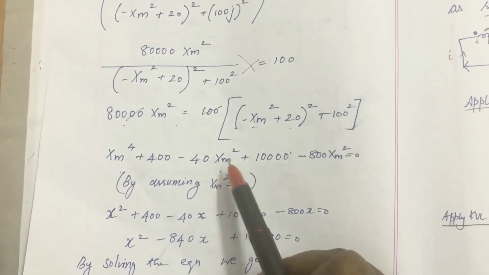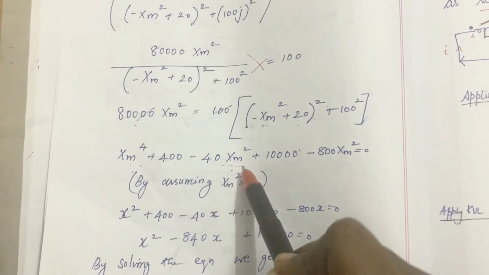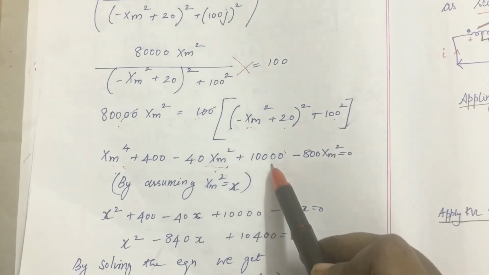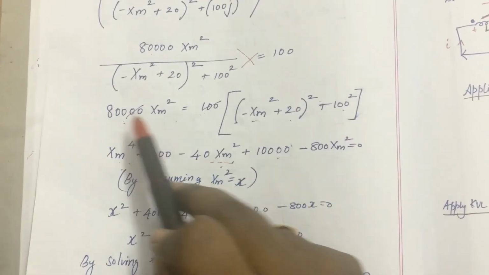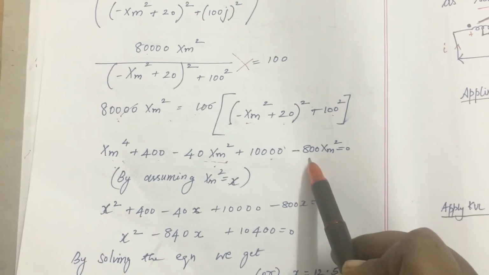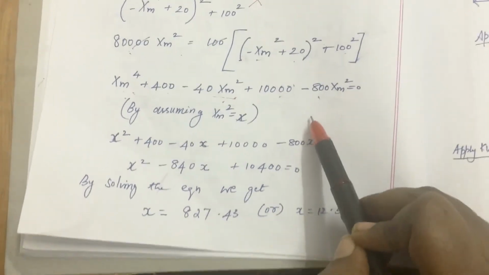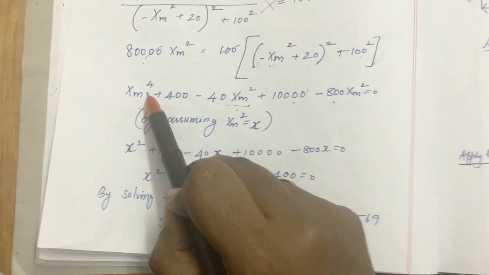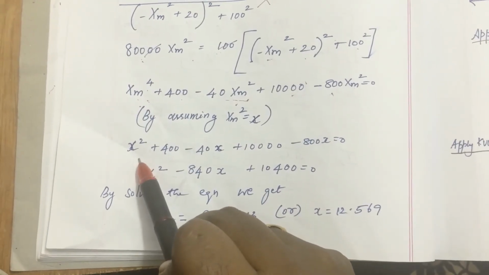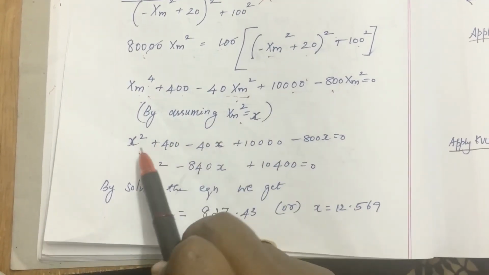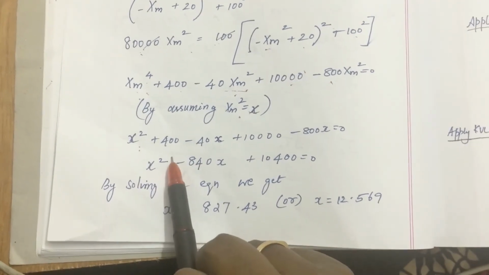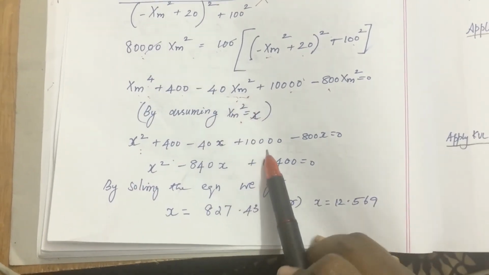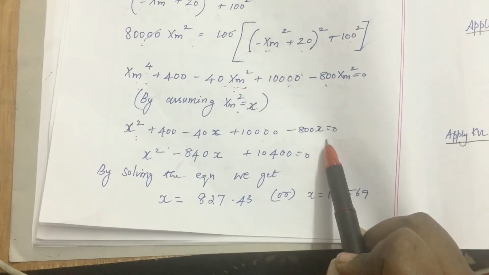I have written it here like this, plus 100 square which is 10,000, and from here I am writing minus 800 XM square. Now by assuming XM square as x, we can write this equation as x square plus 400 minus 40x plus 10,000 minus 800x.